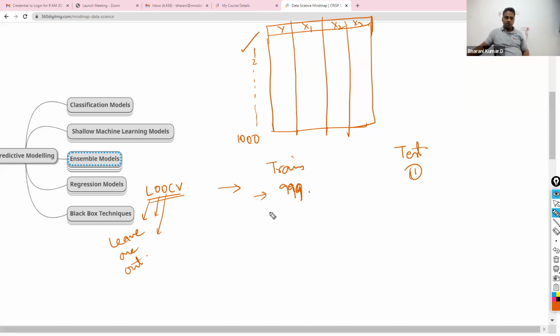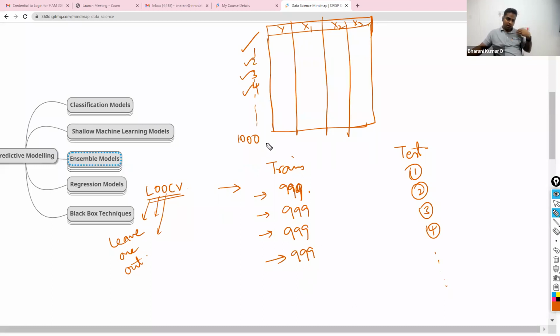You train one model. Then in the second model, what do you do? You train on another 999 observations except for two, because second will be in test. Again, you train on 999 observations except for three, and this third will be in test data. Again, you train your model on 999 observations except for four, because this four will be in test data. So ultimately, how many times will you train? 999 times. How many times will you test?